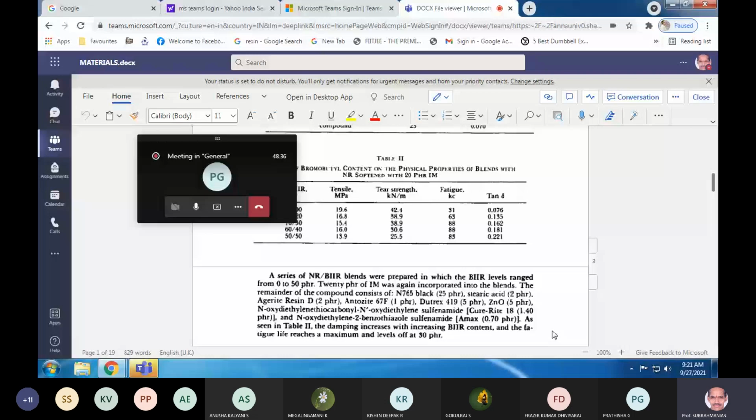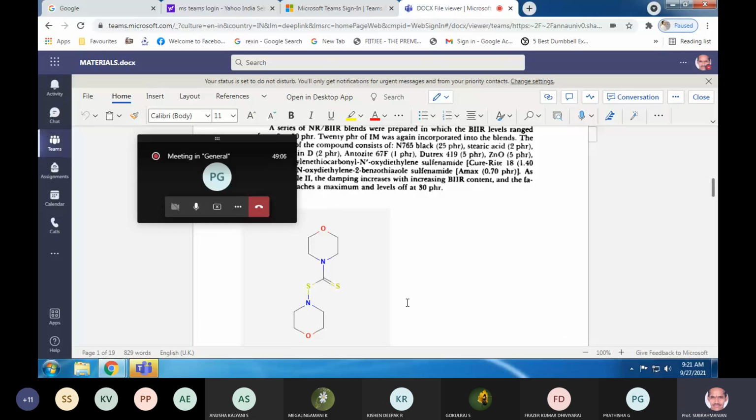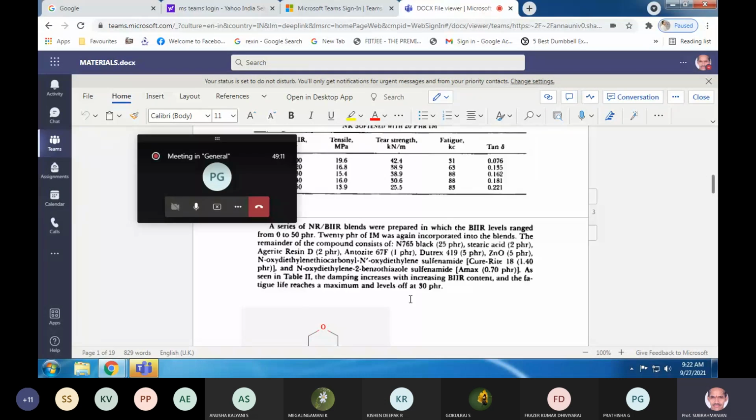This is a research article. They simply cannot take a chance. Sulfur is 1.5 to 2 phr. So that forms the compound design, right? And this chemical structure is Curite 18, oxydiethylene thiocarbonyl N-oxydiethylene sulfonamide.